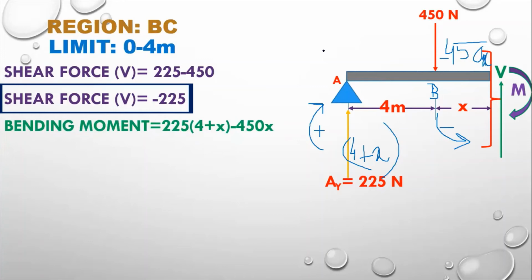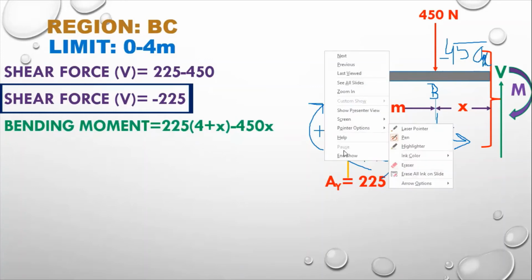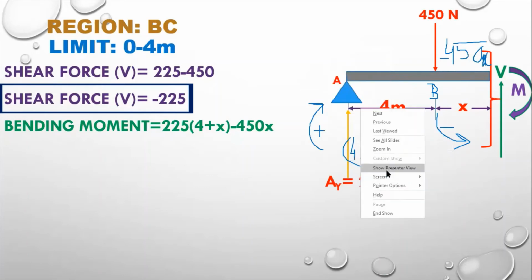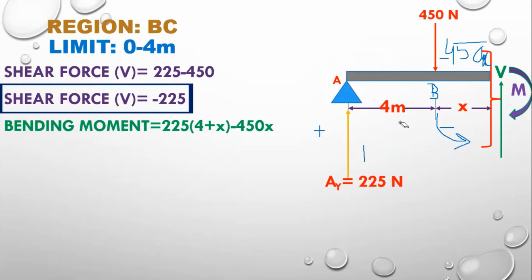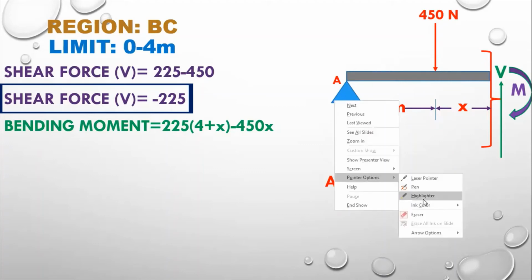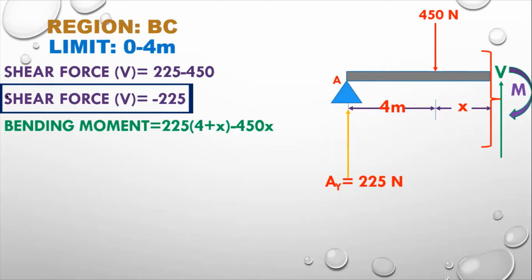Let me rub the board so it will be more clear to you here. You can see that there were two forces, so when we multiply them with these distances, we get the equation of bending moment.